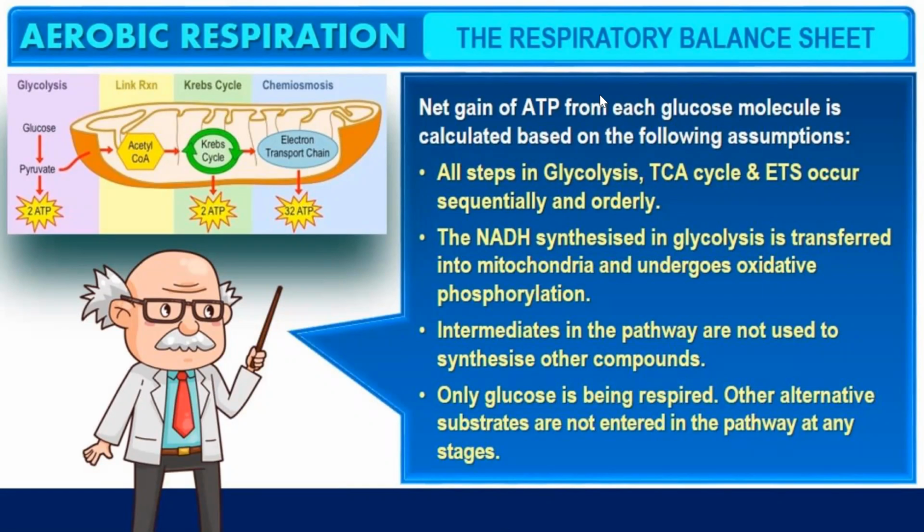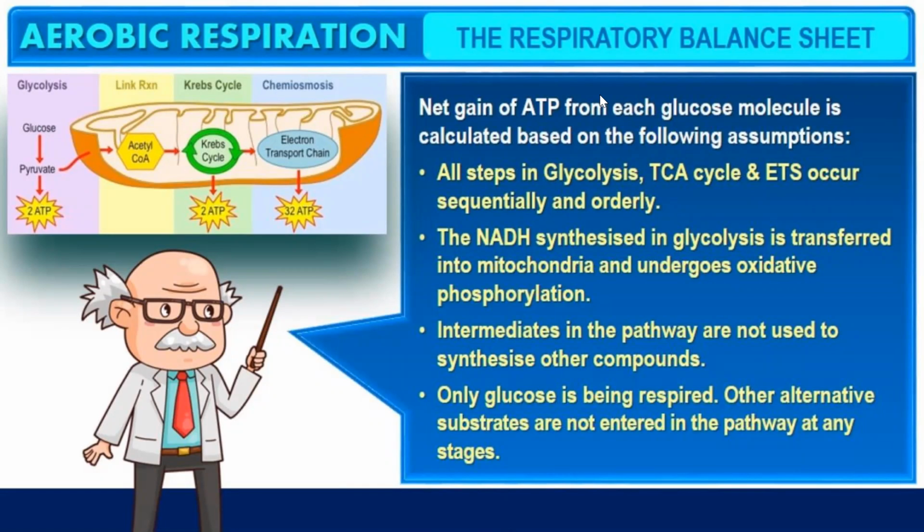Net gain of ATP from each glucose molecule is calculated based on the following assumptions. Let's say all steps in glycolysis, TCA and ETS occur sequentially and orderly, which is a hypothetical condition.